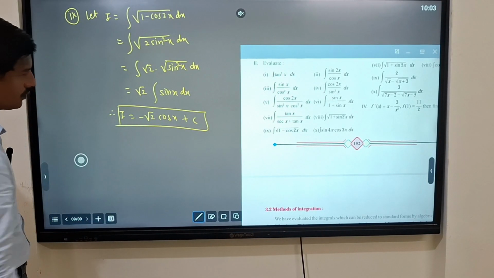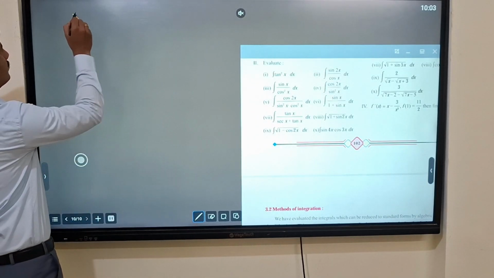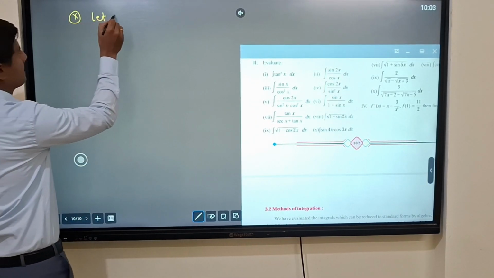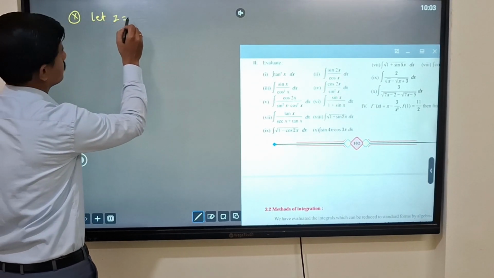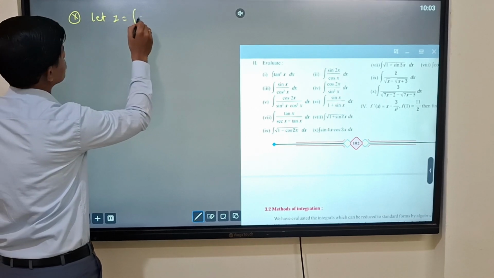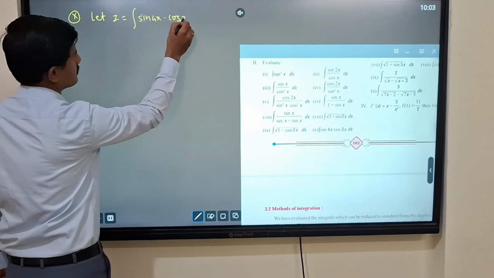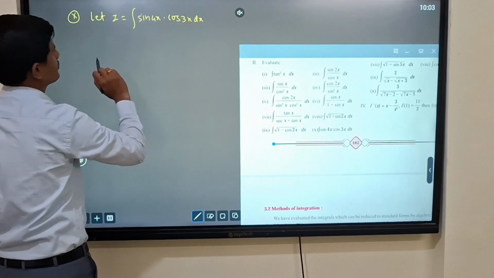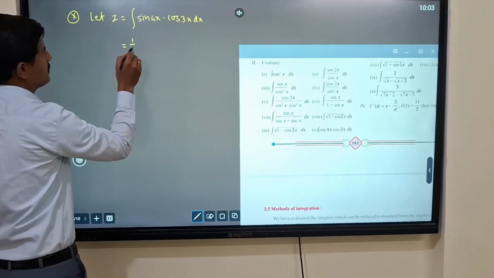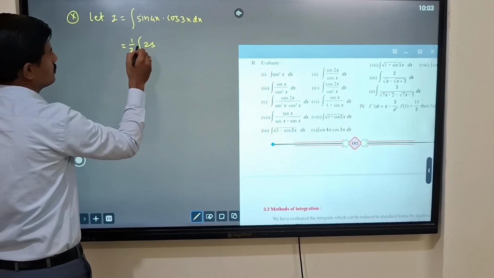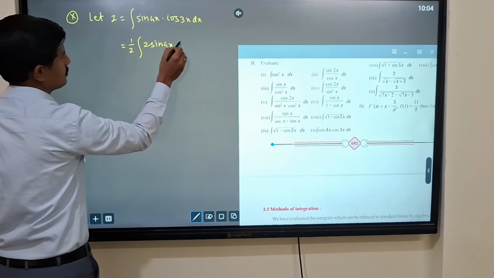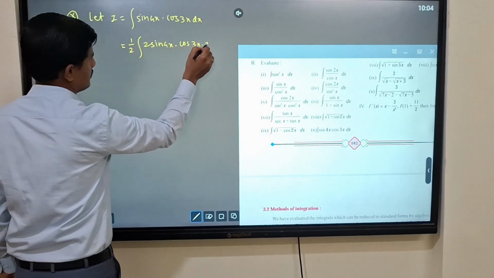Now the next one. Let I equal the integration of sine 4x into cos 3x dx. Multiply and divide by 2, it becomes 2 sine 4x into cos 3x dx.